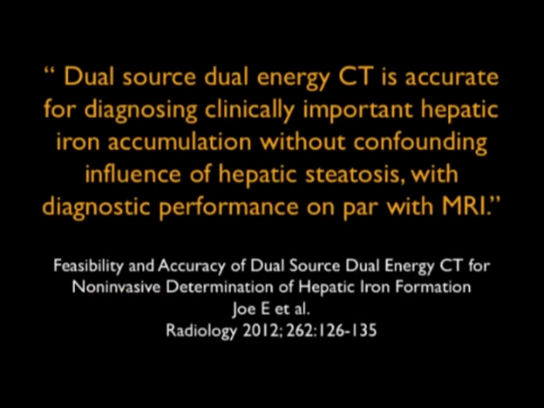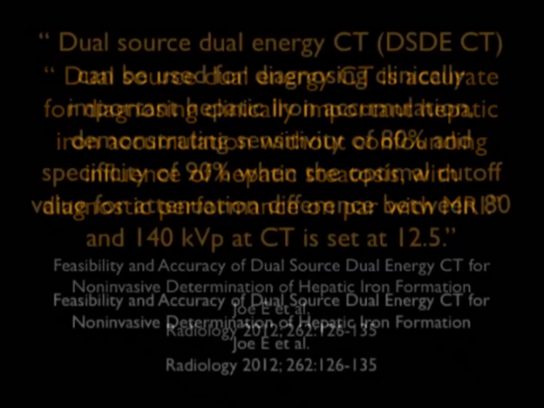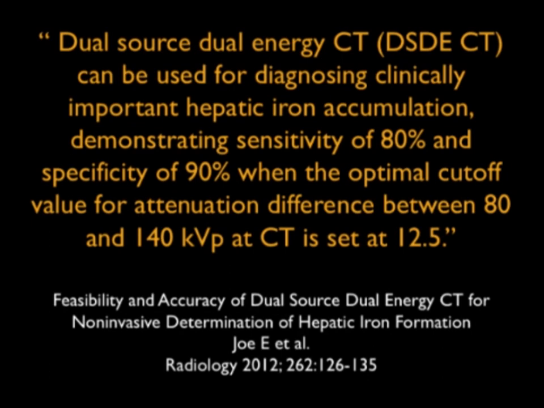Now, there's some work also being done looking at these patients with dual energy to define and quantify the amount of hepatic iron present, and that's something that is being done. It's of some interest. Dual energy can be used for diagnosing clinically important hepatic iron accumulation, demonstrating sensitivity of 80% and specificity of 90%.